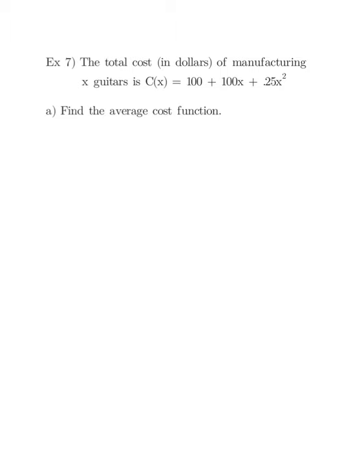When you are looking for an average of something in mathematics, we represent that by putting a bar over the name of the item. So for average cost, we are going to write the name C of x, but we're going to put a bar over the name C. That always represents average in math.